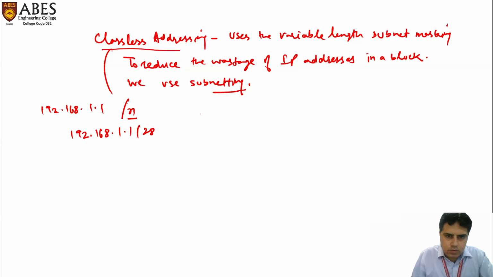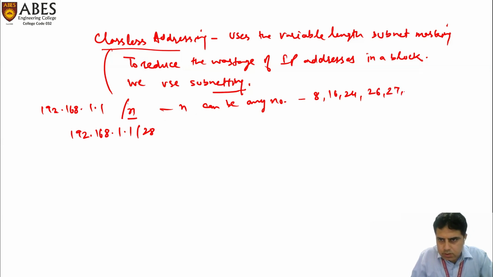This n can be any number, that may be 8, 16, 24, 26, 27, 28, or anything else. This /n notation is called CIDR notation, or this is used for representing the classless addressing.